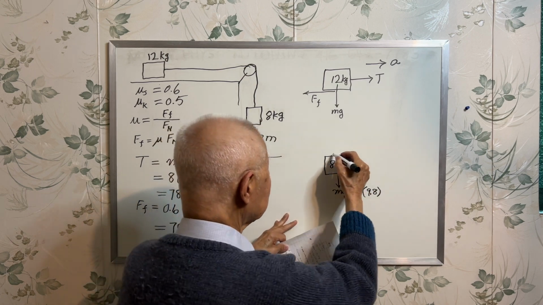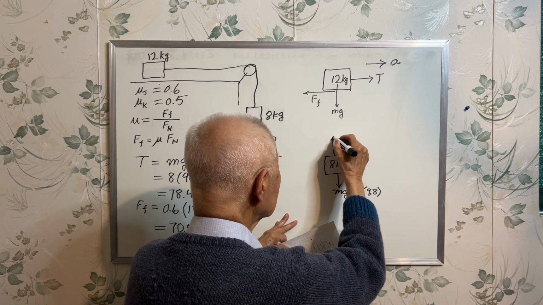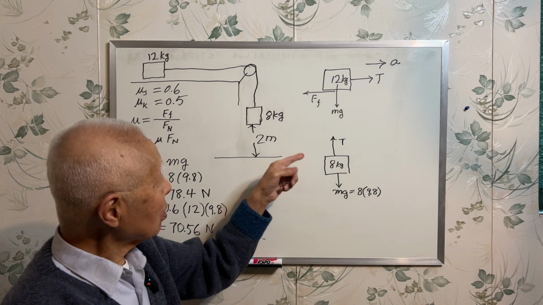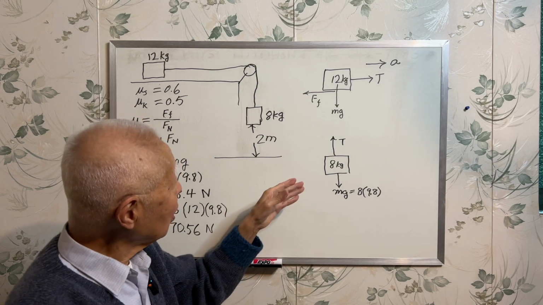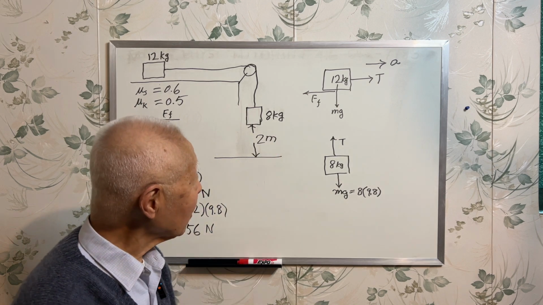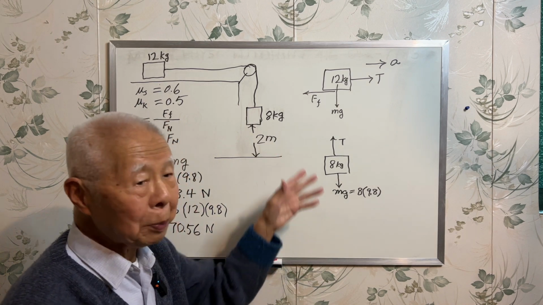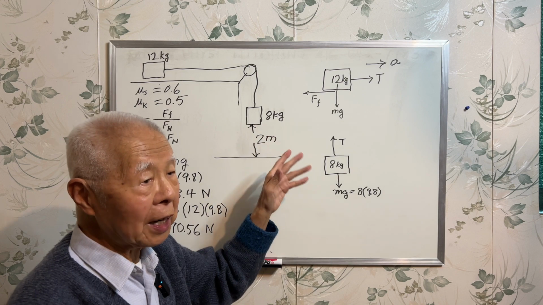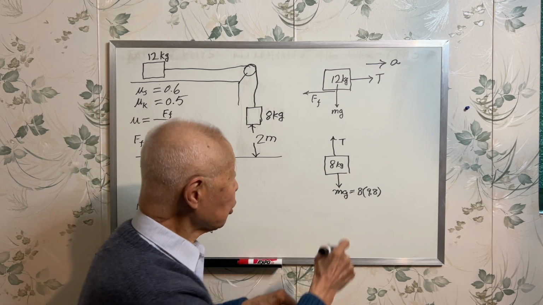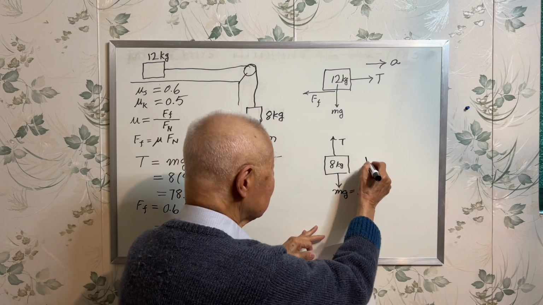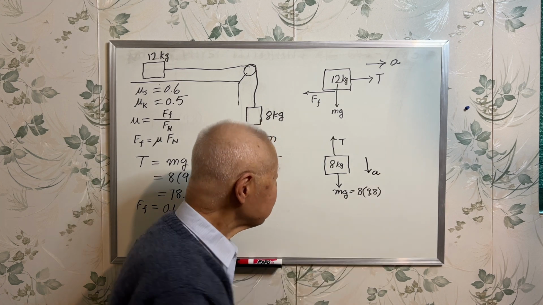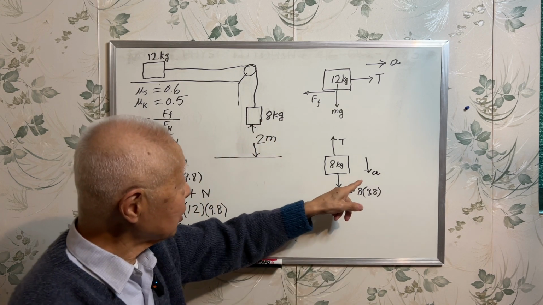And there is the tension. The tension is pulling this mass up. They are not balanced because we already decided they will move. The 8 kg will move down. So there is acceleration down, A. That is the acceleration.